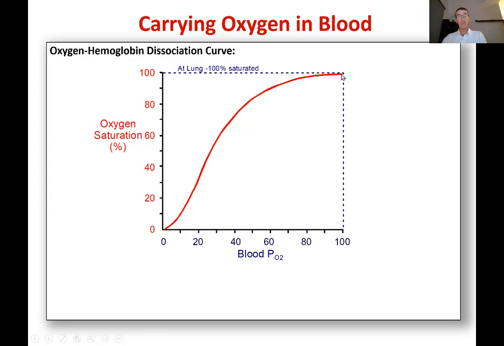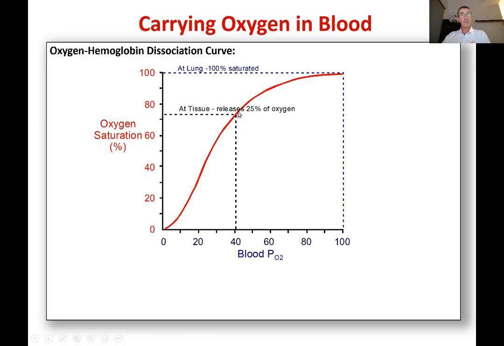That blood then travels down to the metabolizing tissue. And if you remember, the partial pressure of oxygen down at the tissue is about 40 millimeters of mercury. So now, about 25% of the oxygen molecules come off the hemoglobin. The hemoglobin releases 25% of the oxygen. That oxygen is then available to go into the cell and take part in metabolism.